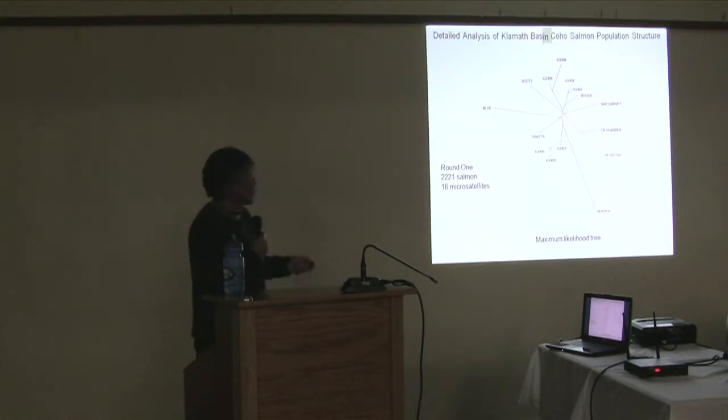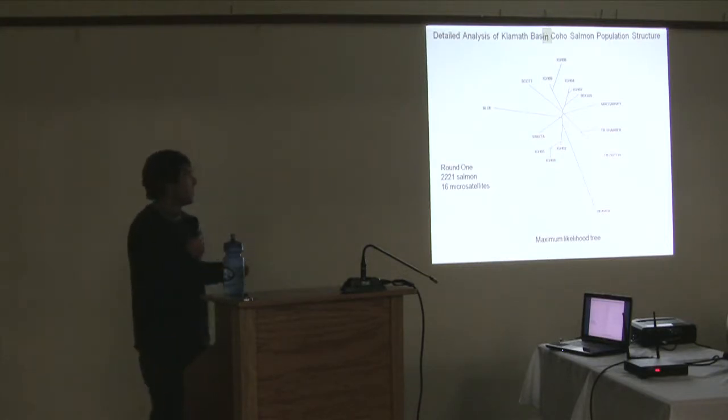And the thing that jumped out at us immediately about these results is the fact that you don't see strong signals of structure that are geographically consistent, but in fact temporal variation is the primary pattern that one sees in these data.